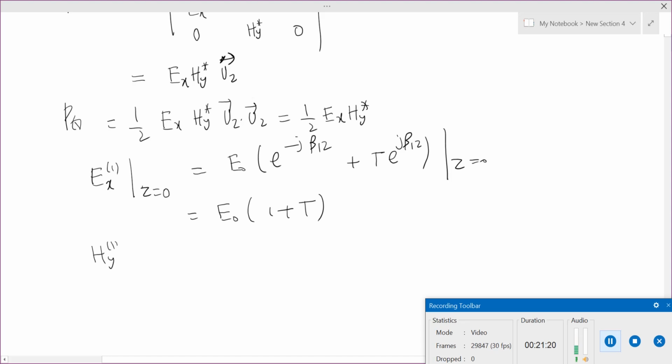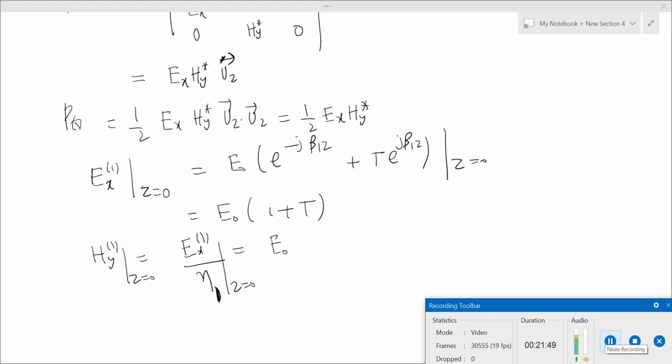So at z equal to 0, it is E naught times 1 plus gamma. And Hy, at z equal to 0, will be Ex1 divided by eta 1.